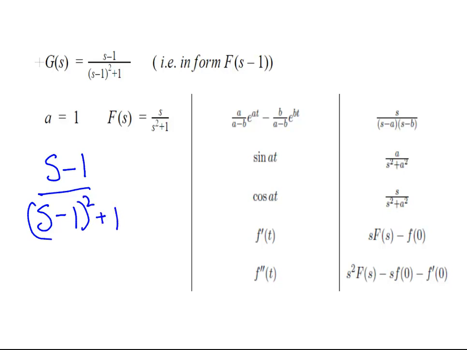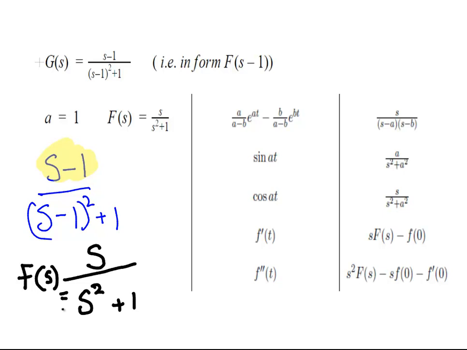Now, what we're going to do is replace s minus 1 in the top line here, and in s minus 1 squared, to get s over s squared plus 1. Okay, that is F of s, if this is F of s minus 1.